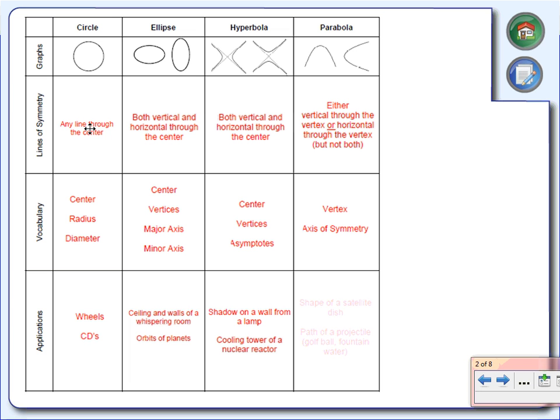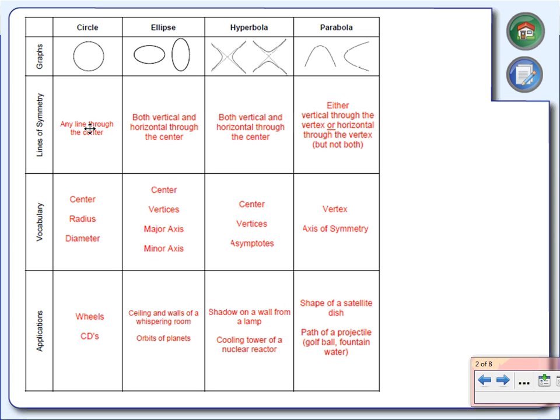One place we can find a parabola would be in the shape of a satellite dish. We use those quite a bit in satellite dishes. And the path of a projectile, like shooting a basketball, hitting a golf ball, the path of the water in a fountain. These are all a parabolic shape.